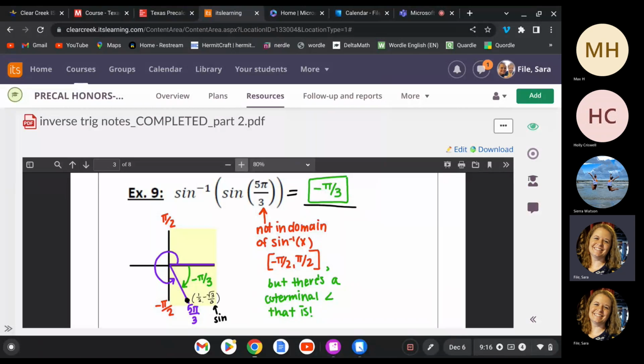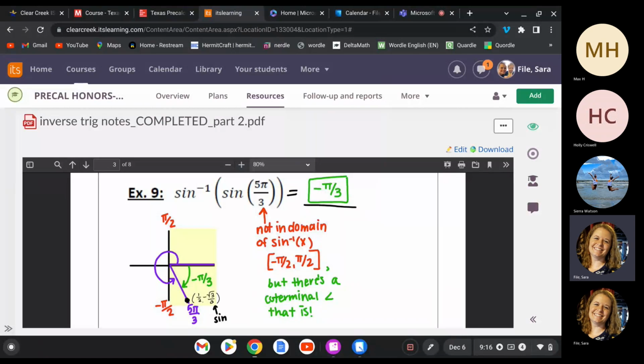So if we change it to where this green angle is drawn, and we just say, okay, negative pi thirds, that's going to be the same sine value there. It's just calling it a different angle that's within the correct domain.